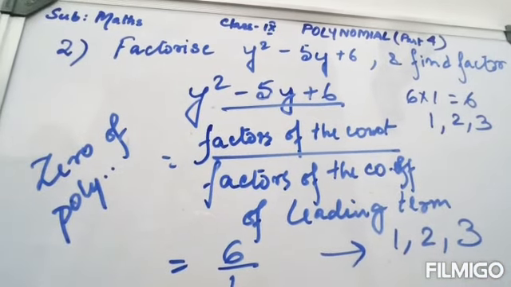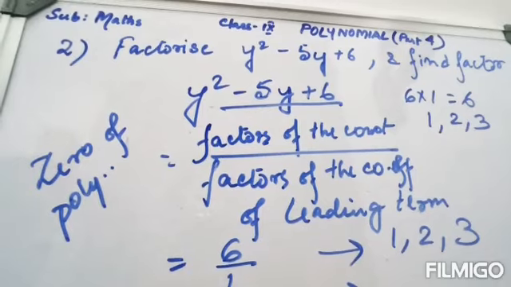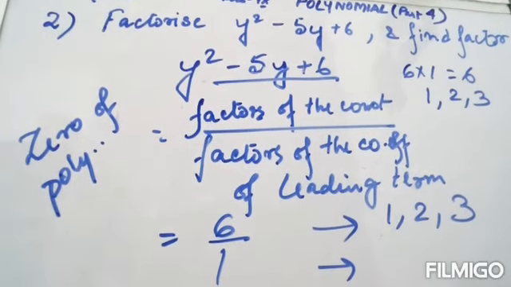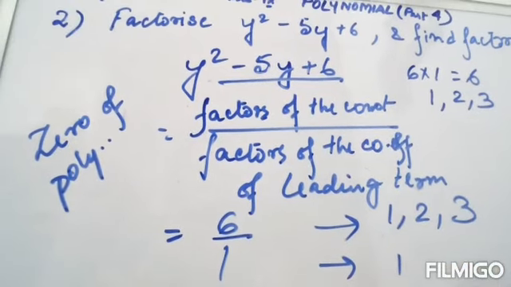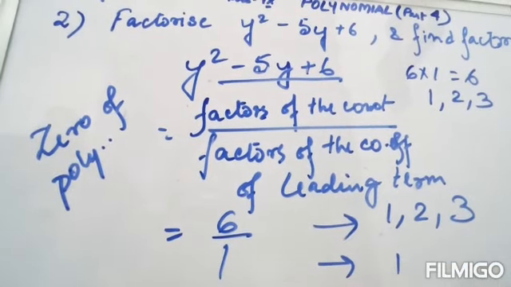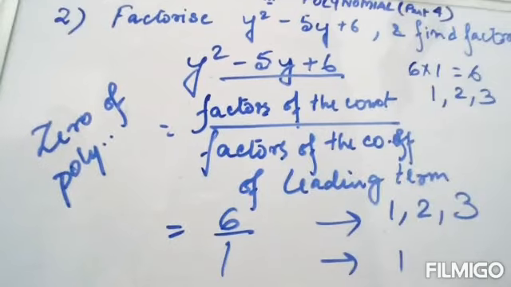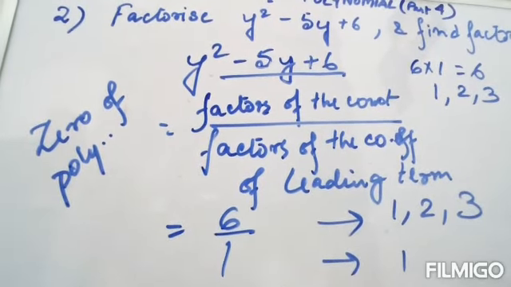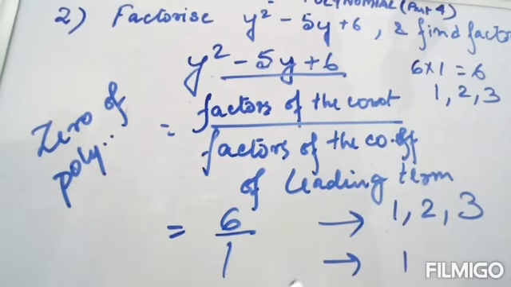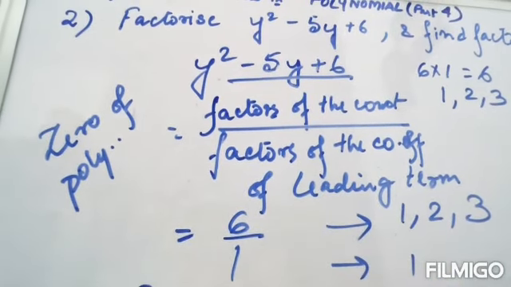And what are the factors of the coefficient of the leading term? Only 1. So that means the factors can be 1 by 1.